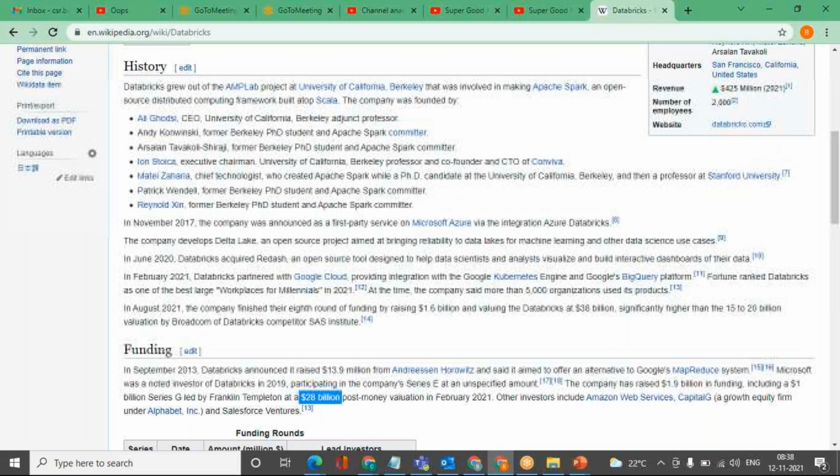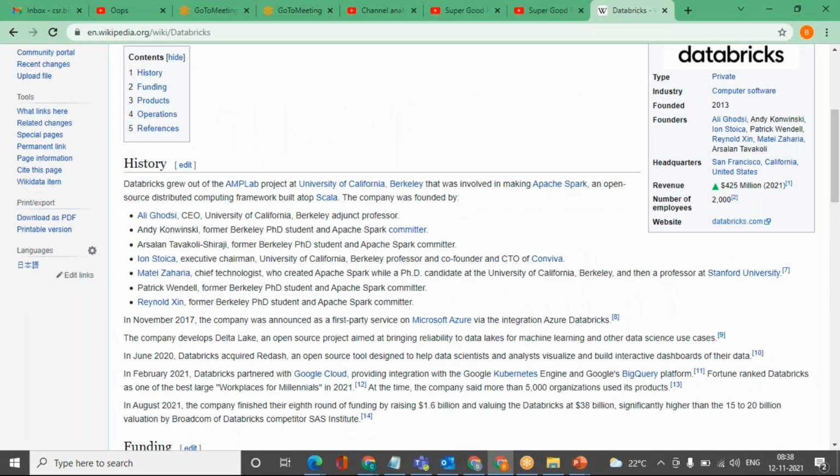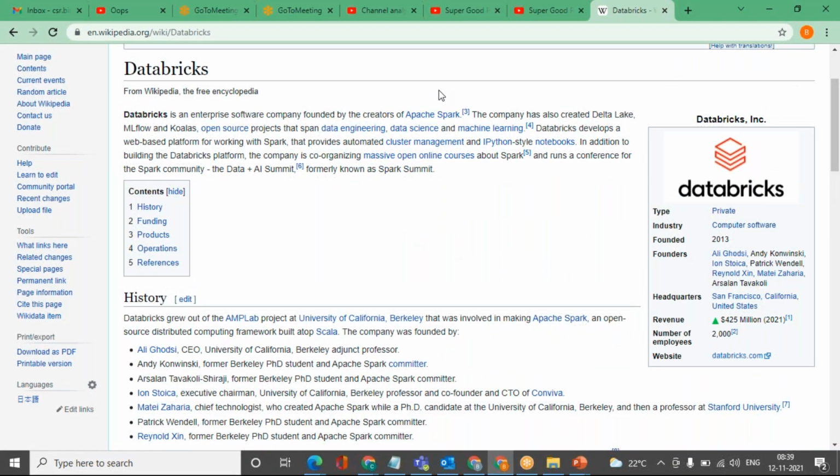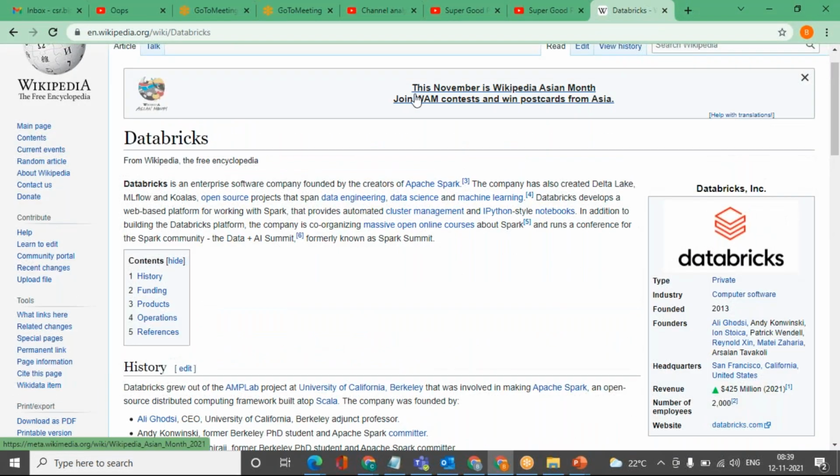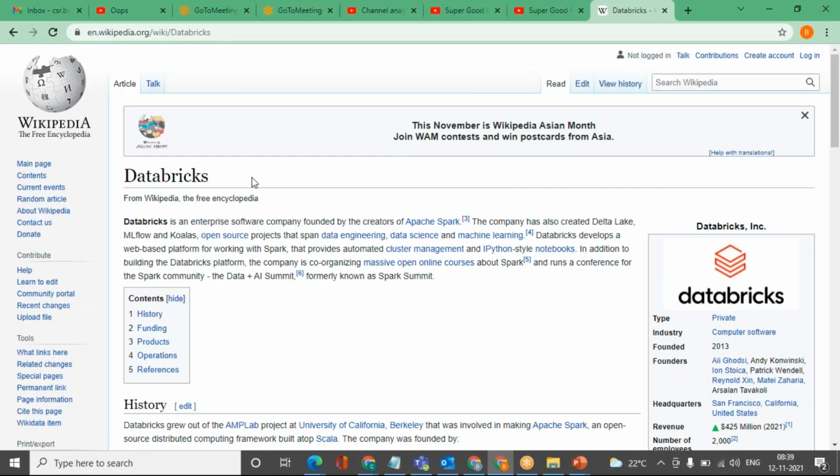So what I'm trying to convey is Databricks are the major promoters of analytics and artificial intelligence and data science. Almost every client, every project is with the Databricks company. So that is the reason this company is growing exponentially, and it is creating a lot of job opportunities.